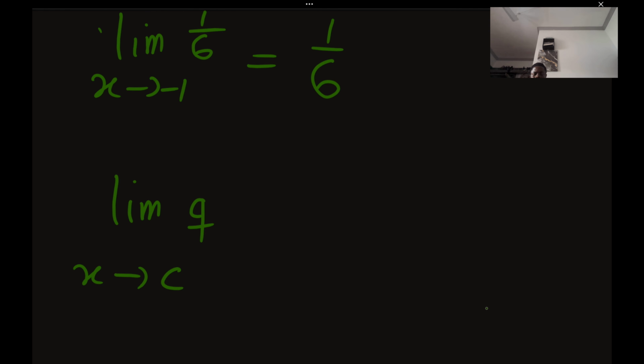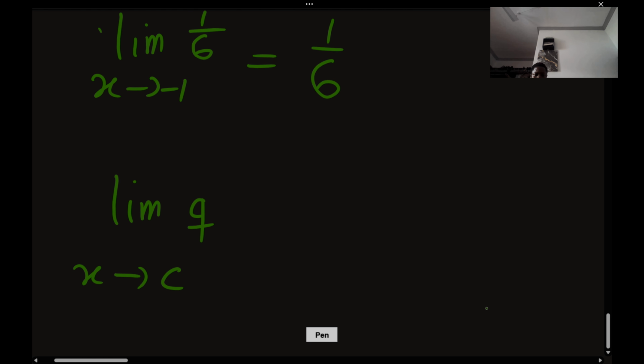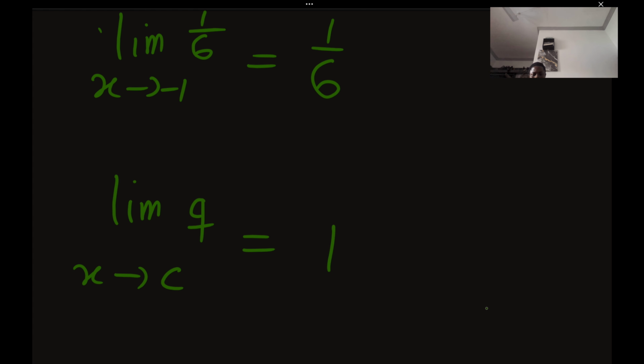So this is considered to be a constant. So the limiting value of this constant function becomes q. You just pick the constant part, and that becomes the limiting value of the function y is equal to q as x approaches c.